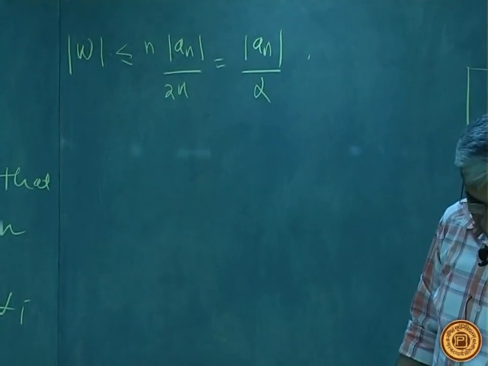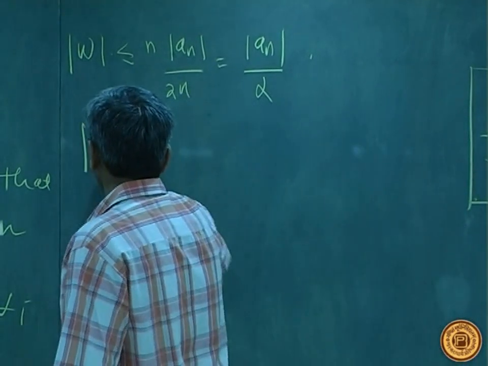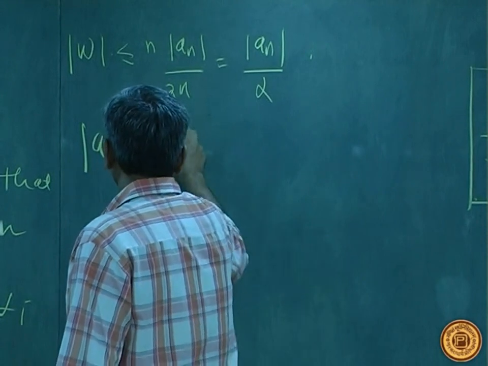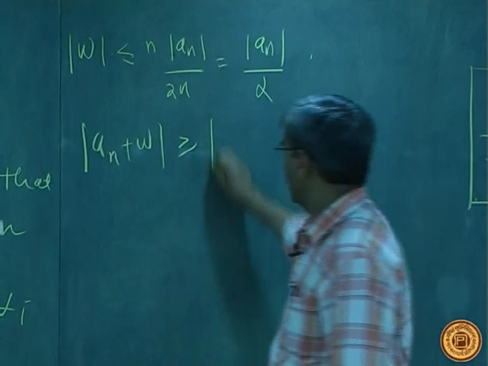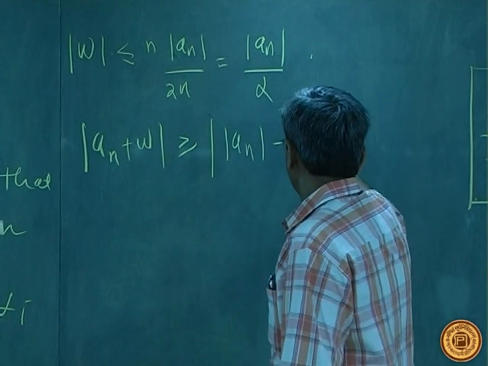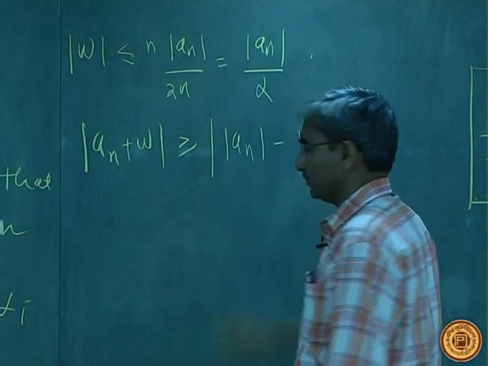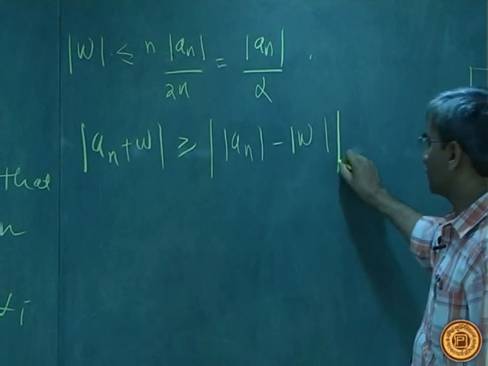So mod an plus w is bigger equal mod of mod an minus mod w. Why?